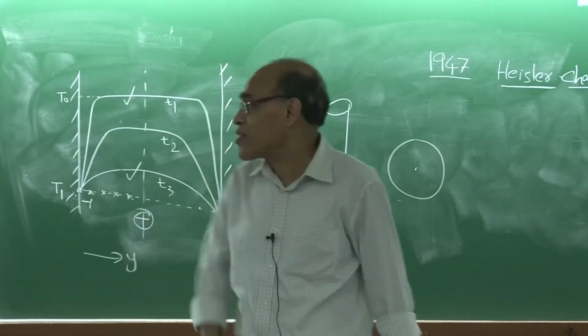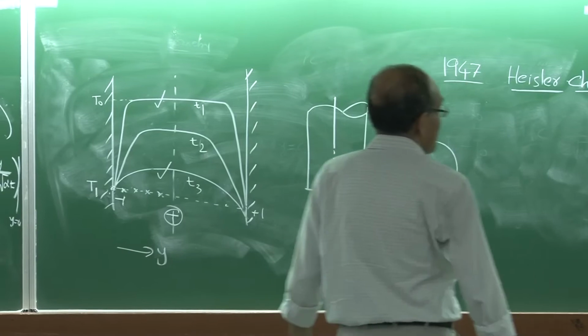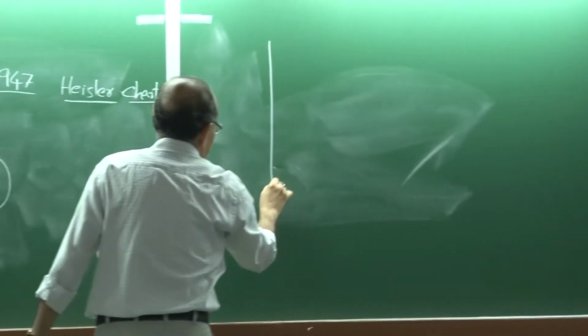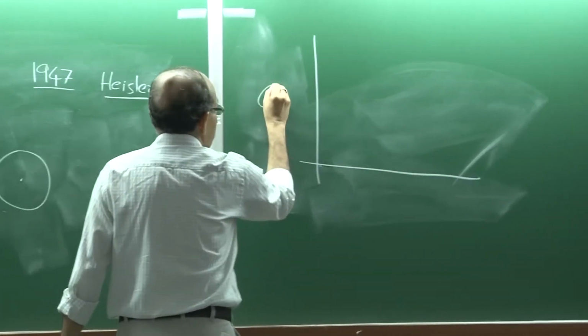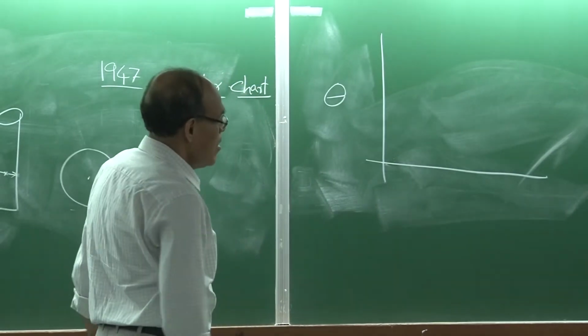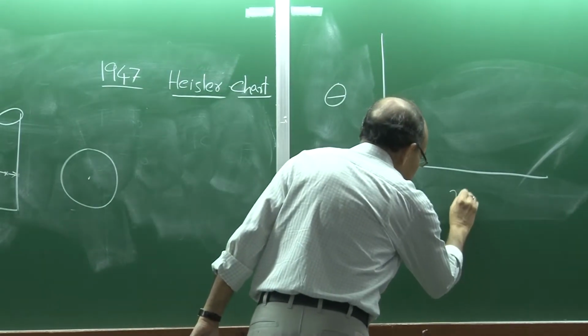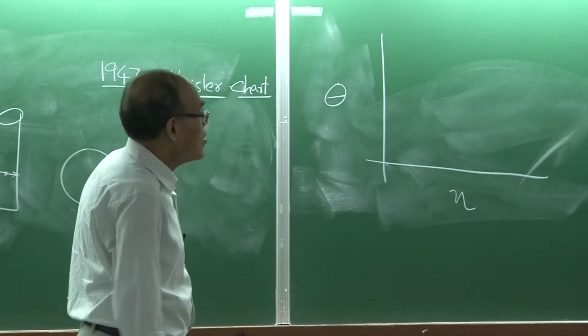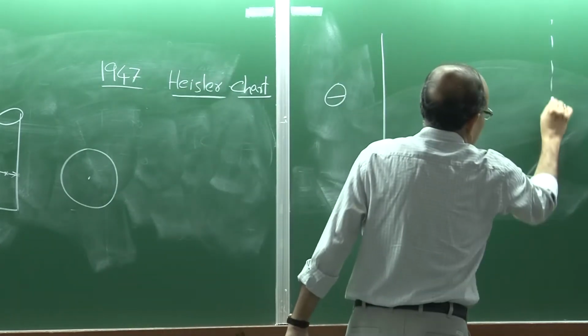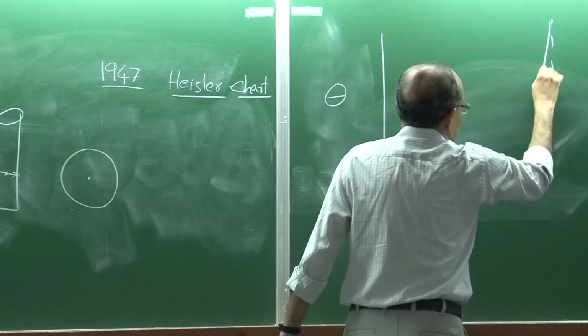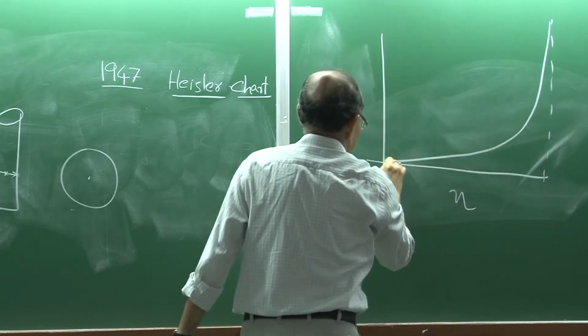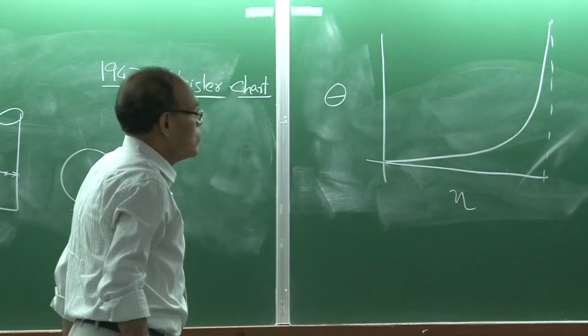So, these graphs are represented in terms of non-dimensional temperature versus non-dimensional distance for different non-dimensional times.